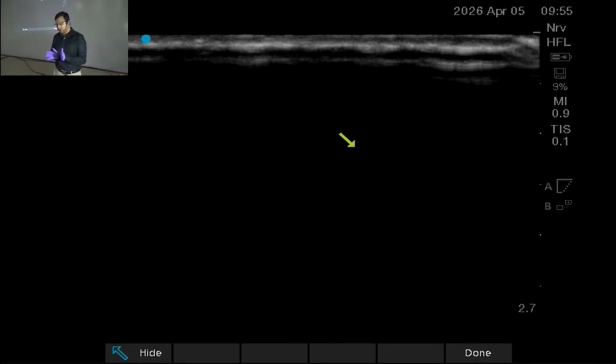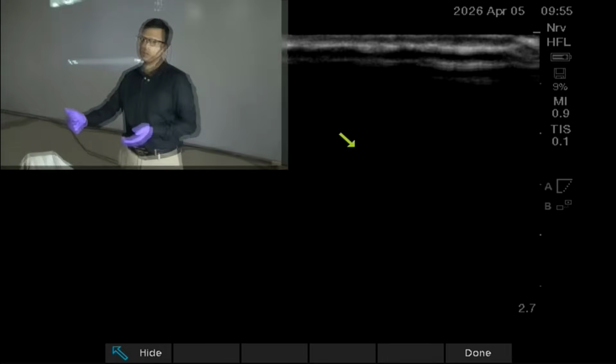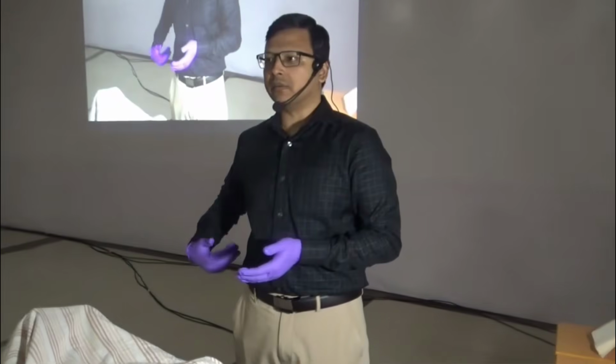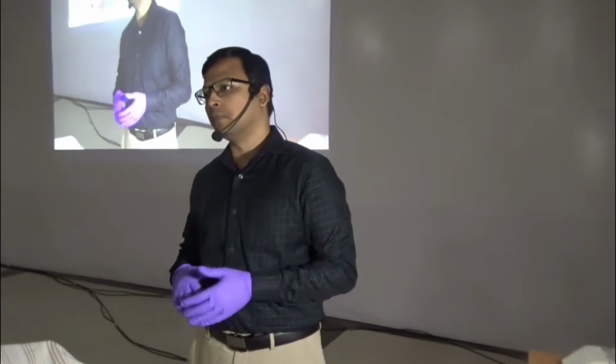So the more you go posteriorly, the more chances of involving more spinal nerves. That is why when you are doing a subcostal TAP block, instead of doing it at the rectus muscle, which was originally described, now we are doing it a little laterally so that it may involve more nerves.